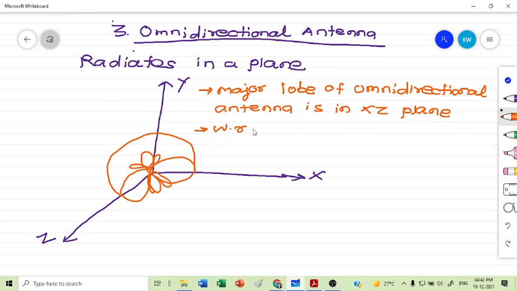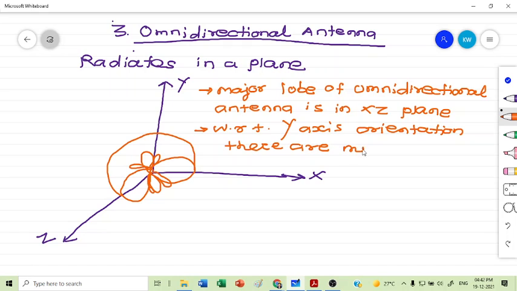Now with respect to Y axis orientation, there are minor lobes.